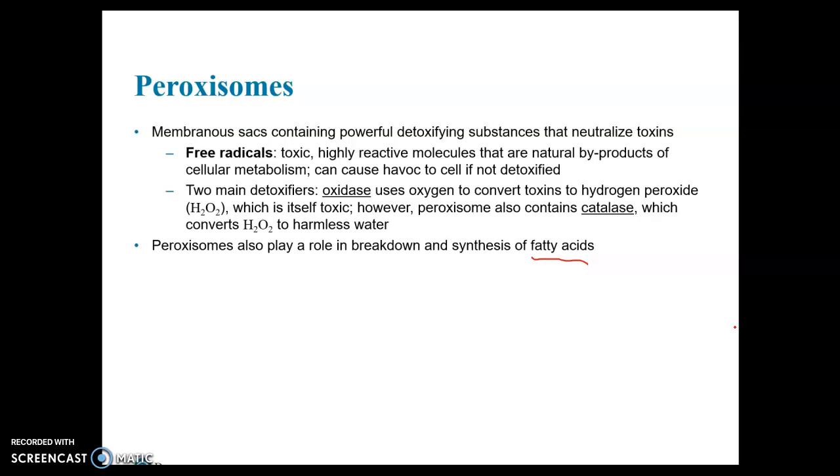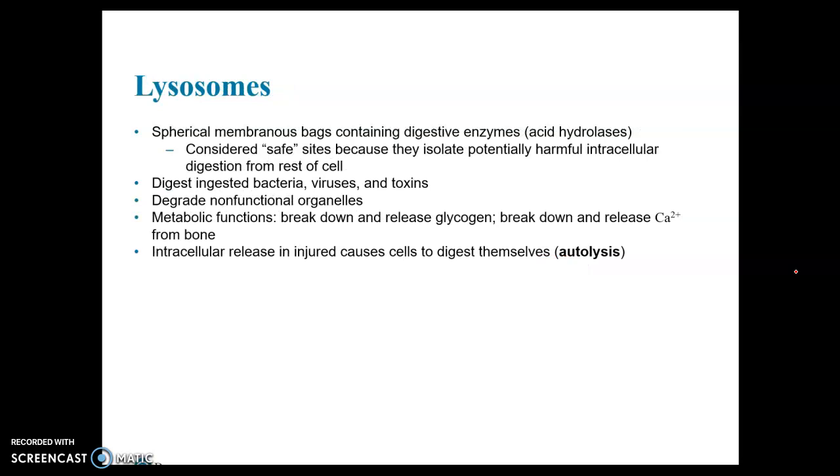So they contain an enzyme called catalase that breaks down the hydrogen peroxide into water and oxygen. So they have to have a method of breaking down the peroxide because the hydrogen peroxide is toxic to us. So they do contain catalase that breaks down that hydrogen peroxide.